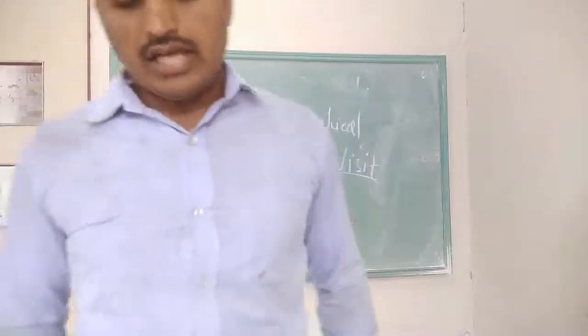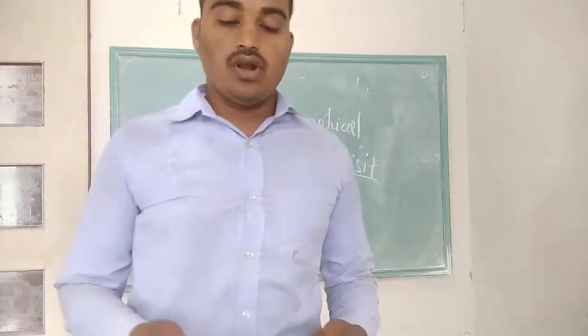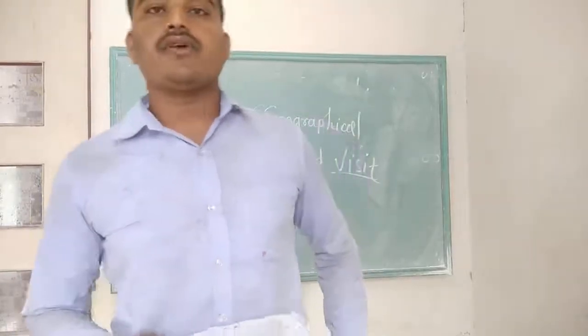Okay students, now we are going to see the last map from this lesson, Kolhapur district average annual rainfall. About this, what are we going to see now? In which direction is the rainfall more in the district? So in which direction is the highest rainfall?